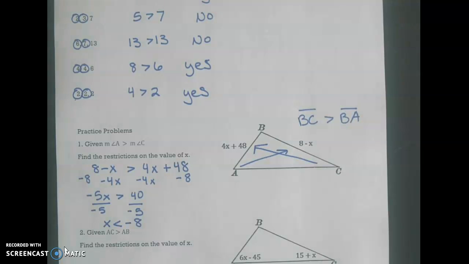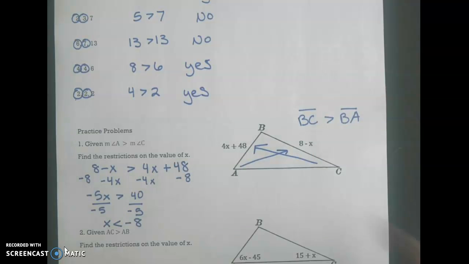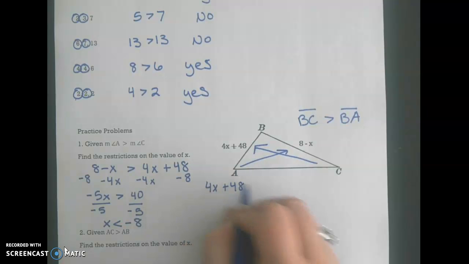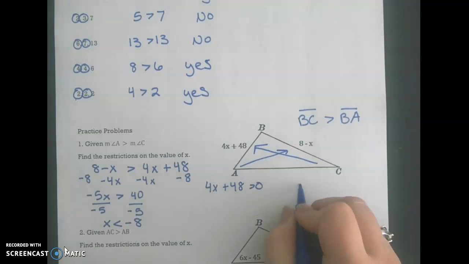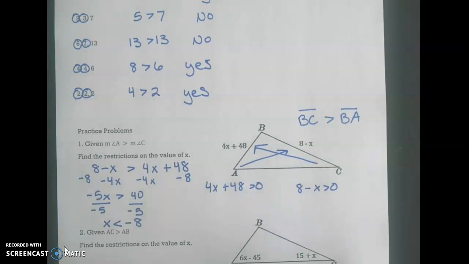But I'm not done, because there's one other thing that has to be true in order for us to have a triangle, and that is that the measure of our sides cannot be 0 and it cannot be negative. So that means that each of these expressions has to be greater than 0 in order to be true. So I need to say that 4x plus 48 is greater than 0, and I need to say that 8 minus x is greater than 0, and solve each of these inequalities for x.